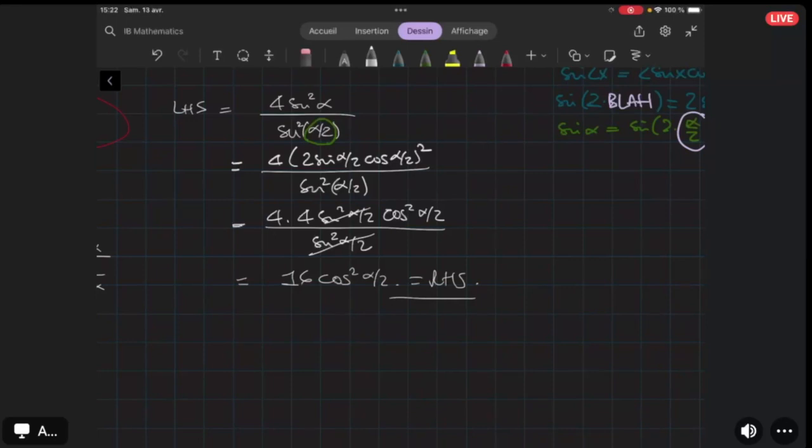How do you use the double angle formula? Not many shots, but I think it's enough to get you drunk.